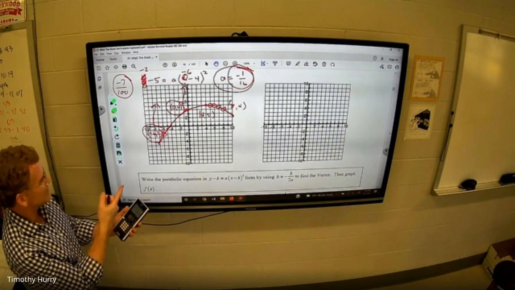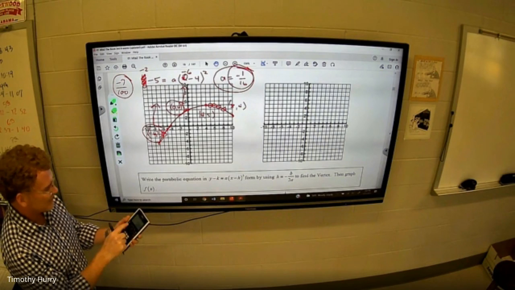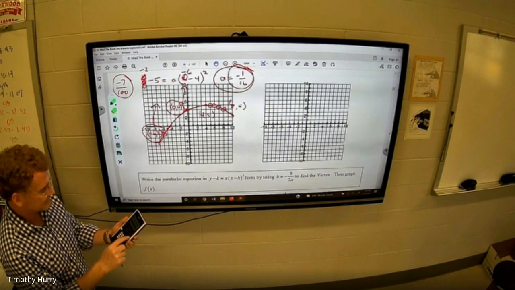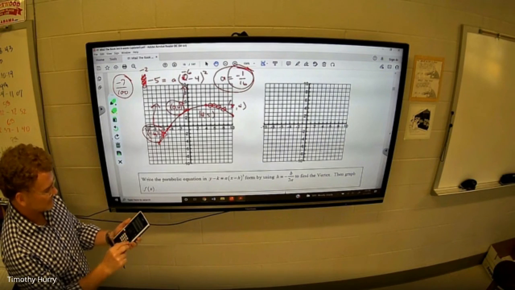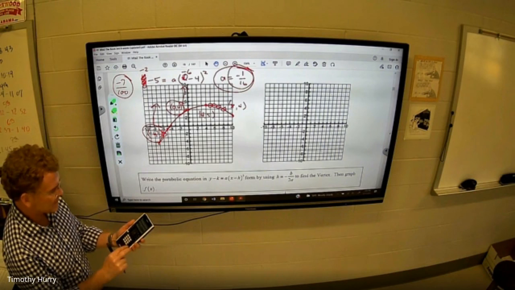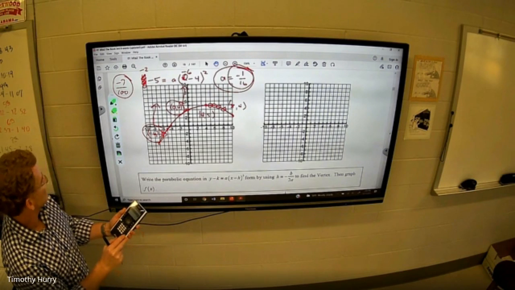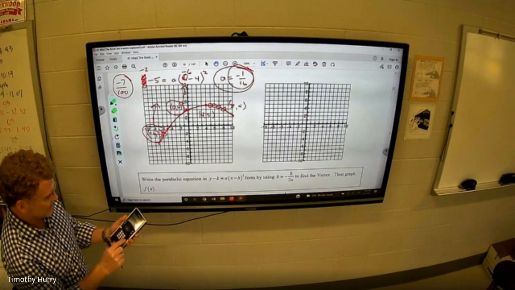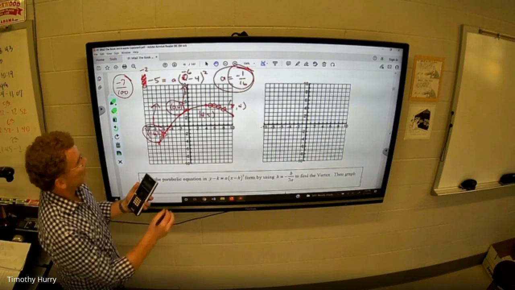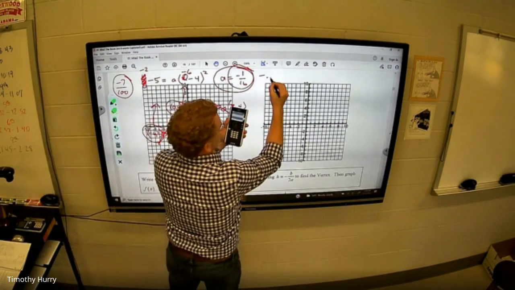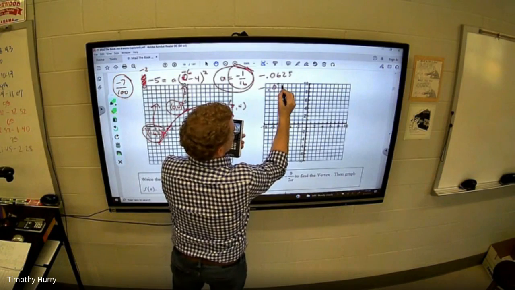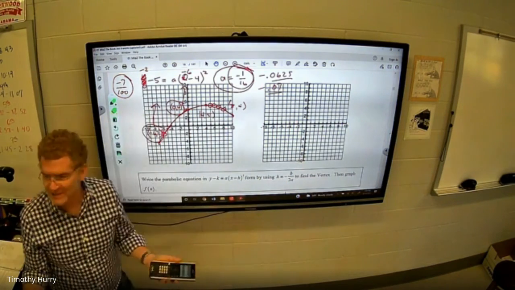This might not be a very accurate parabola, but one of them is -0.0625 and the other one is -0.07. So they are pretty close decimals, right?